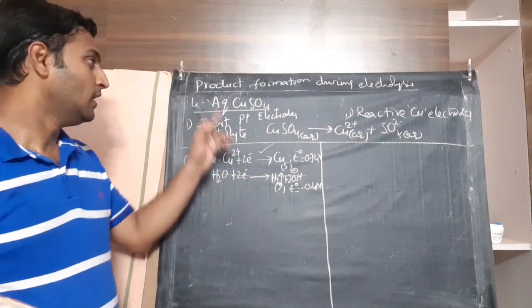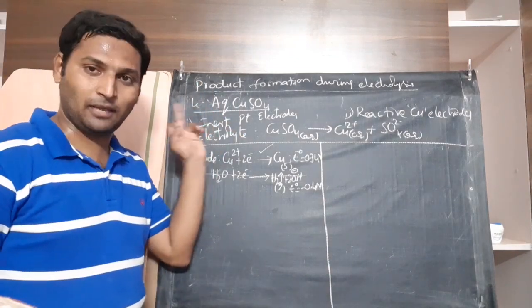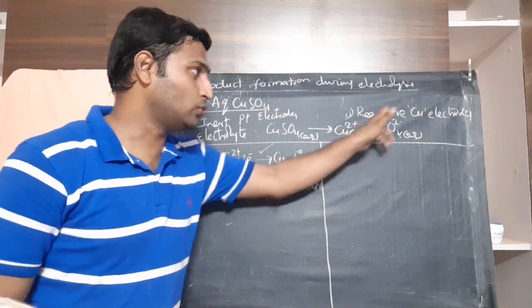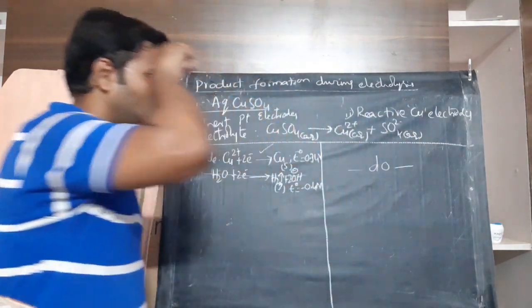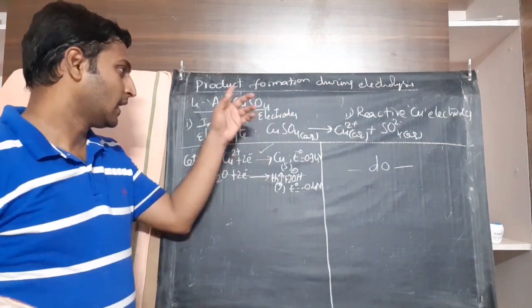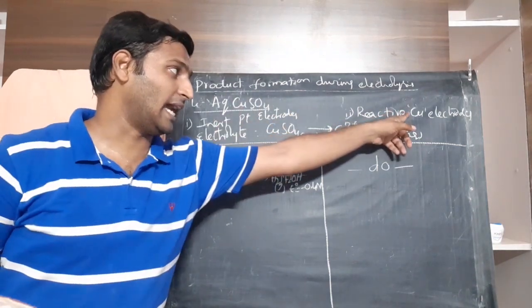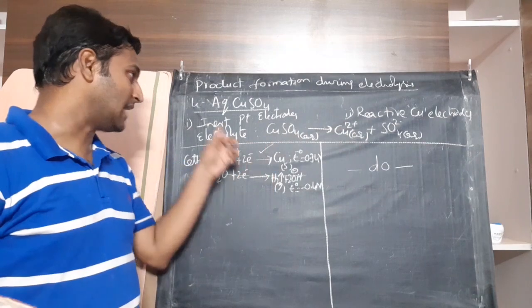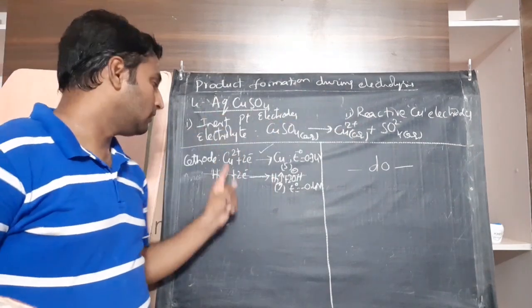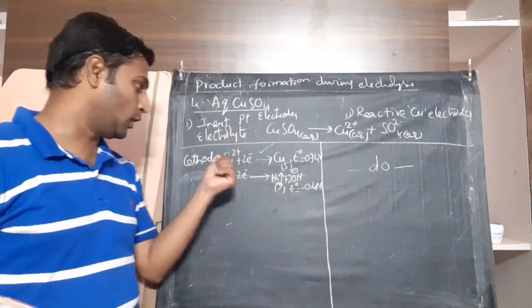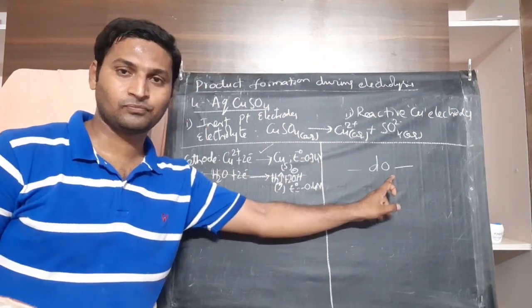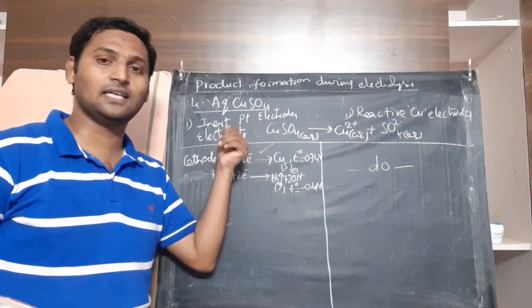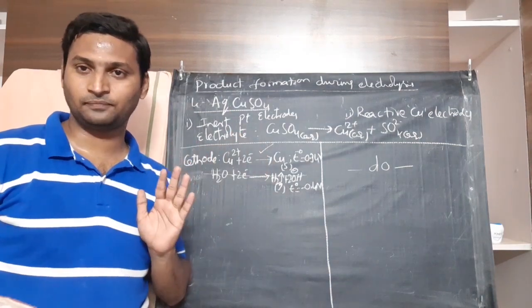Now, whether I use inert platinum electrodes or I use reactive copper electrodes, the process at cathode is same. Even when there are reactive copper electrodes, copper cations as well as water molecules are trying to compete, and who wins? Copper cations win. So in either case, the product at cathode is solid copper deposited.